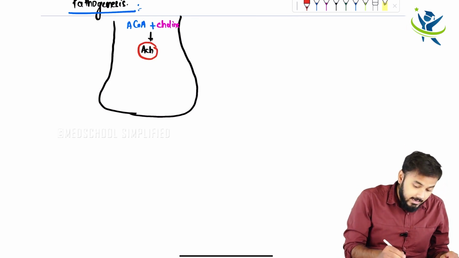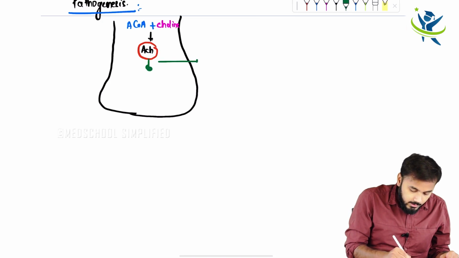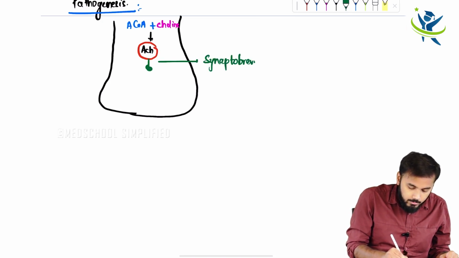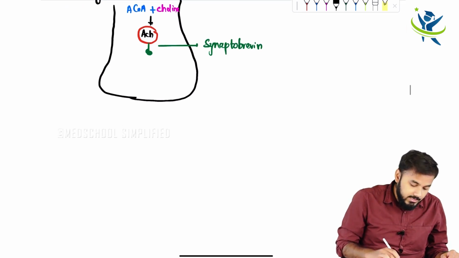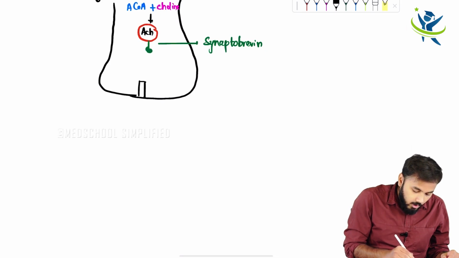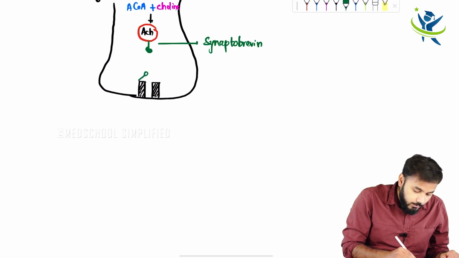This vesicle also has a molecule like this, called synaptobrevin. On the surface of the presynaptic neuron, we have some ion gated channels, and these channels also have some proteins.